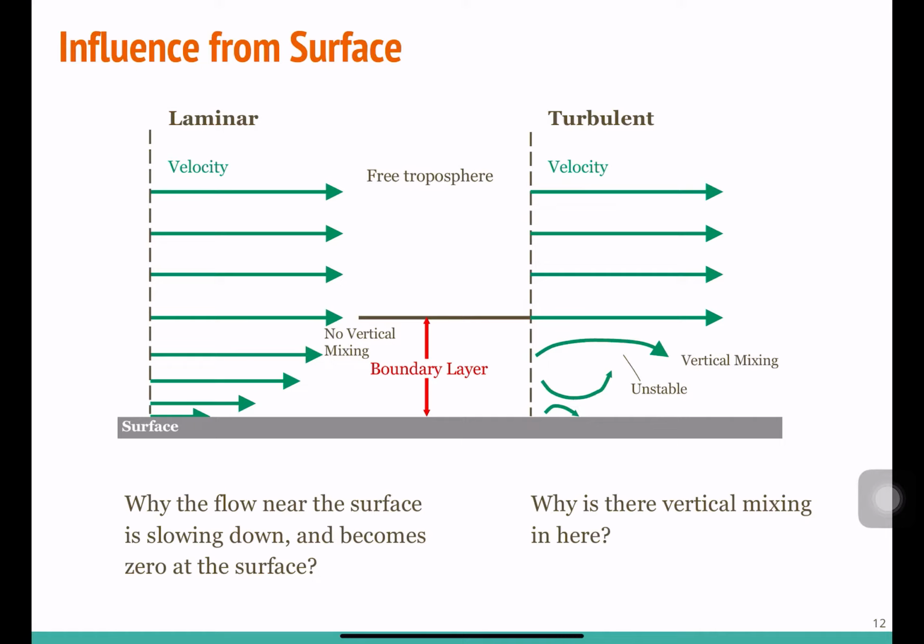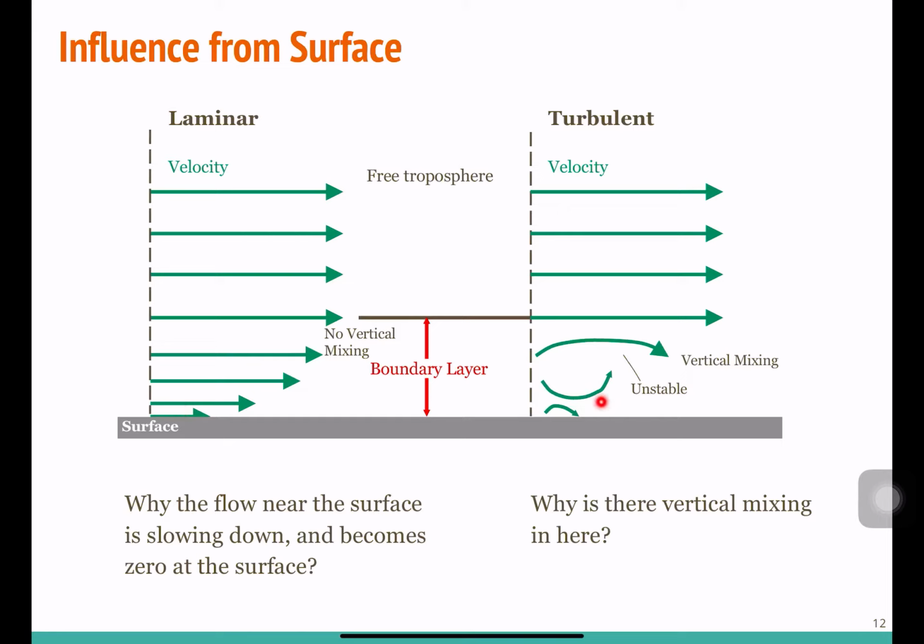Okay, this is a slide explaining the difference between the laminar flow and turbulent flow. In the free atmosphere, we are assuming a very steady state of the wind in one direction, and then when it's closer to the surface, it's slowing down because of the surface friction, okay, and it's still a laminar flow.